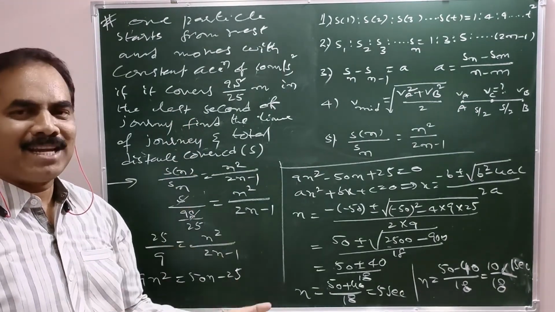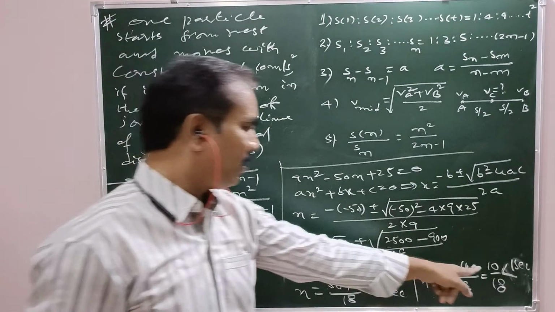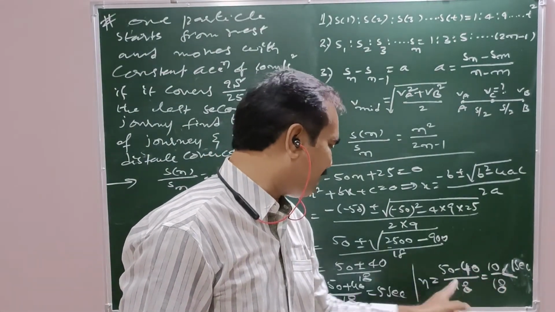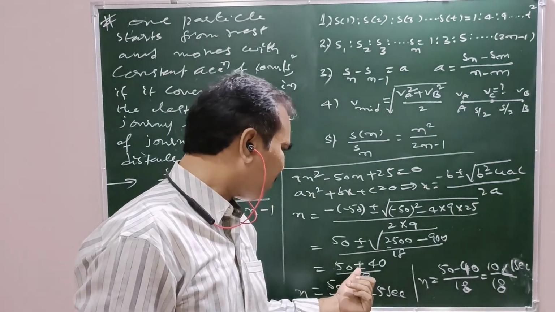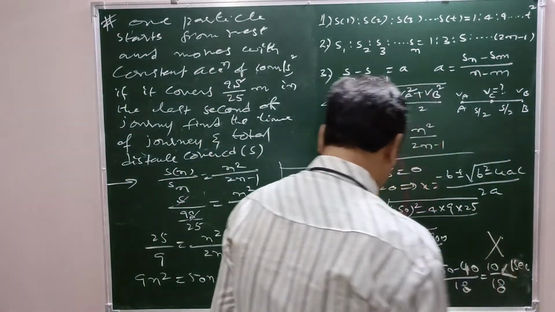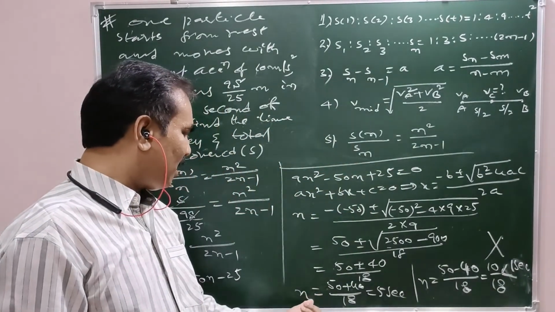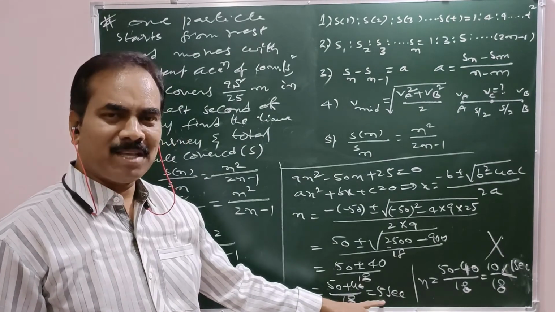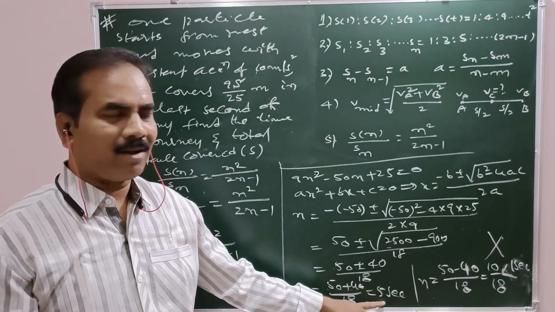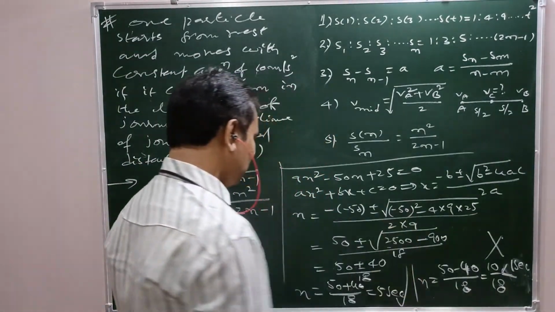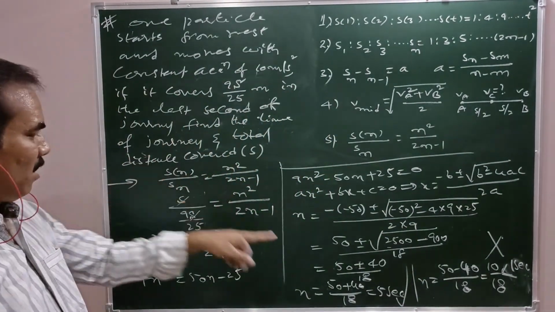Definitely the total time of journey is greater than 1 second. So if you go with the negative sign, n is less than 1 second, so this is the wrong option. If you go with the positive sign, n equals 50 plus 40 by 18, that is 5 seconds, which is greater than 1 second. So this is the correct answer. The total time of journey is 5 seconds.